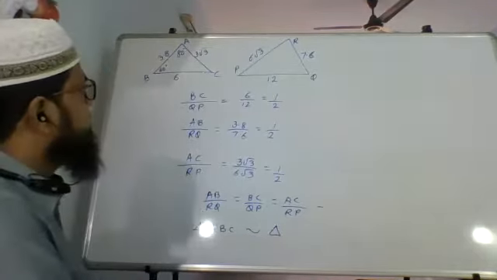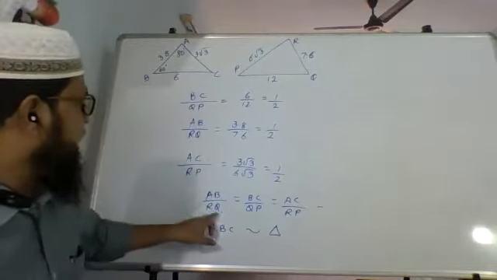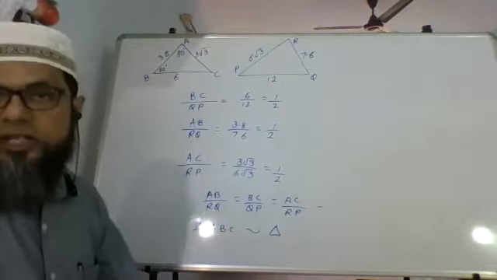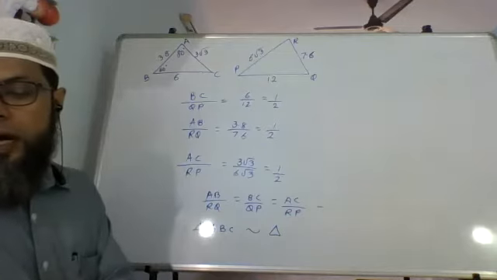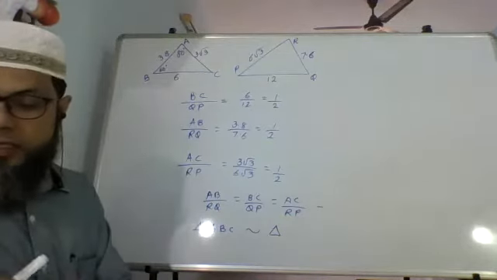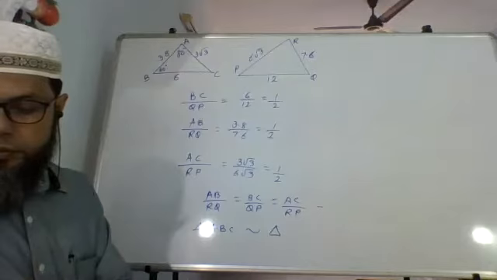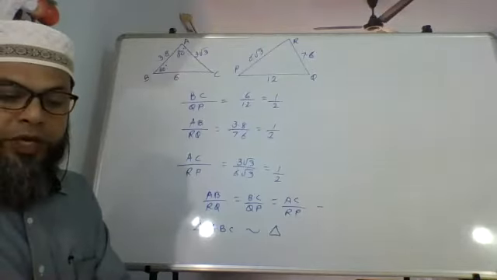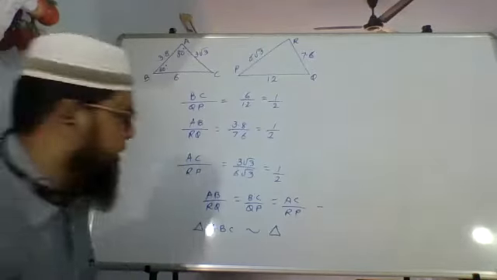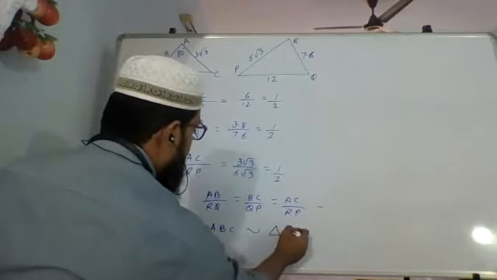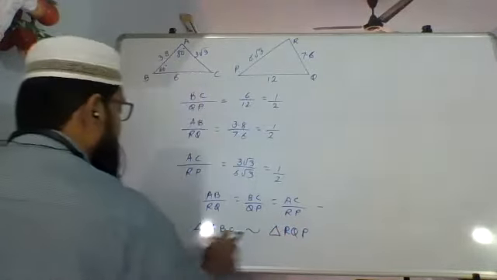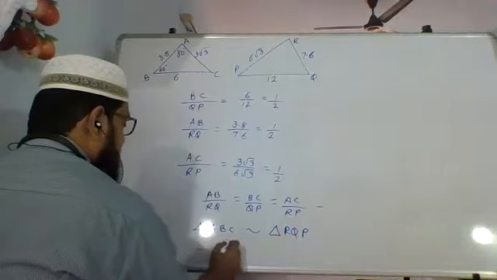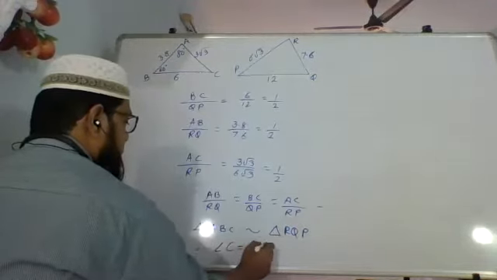Is it clear? AB is RQ and C obviously has to be P. So if that is the case, therefore angle C is equals to angle P.